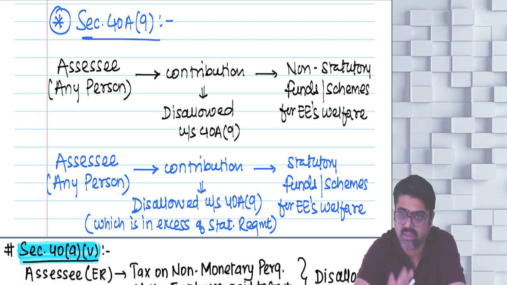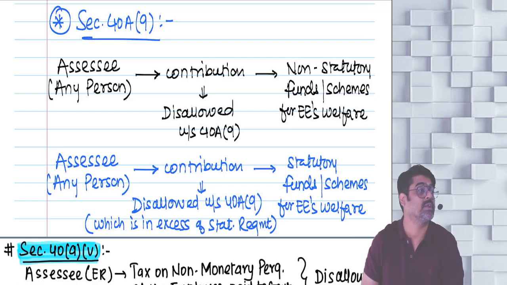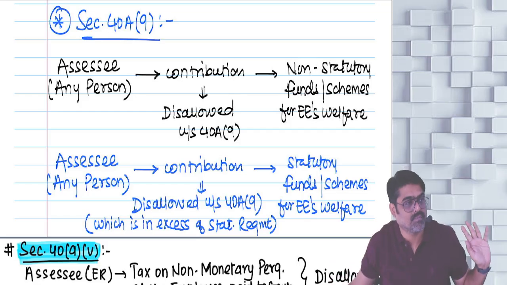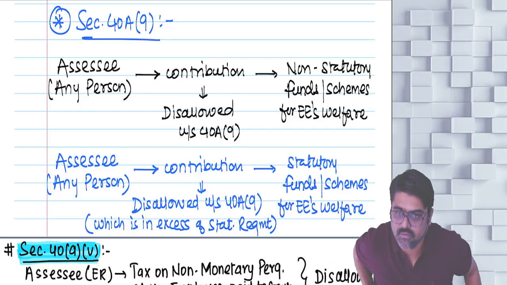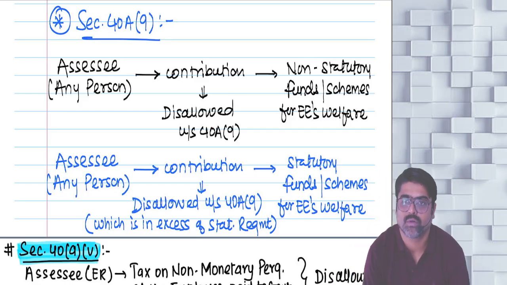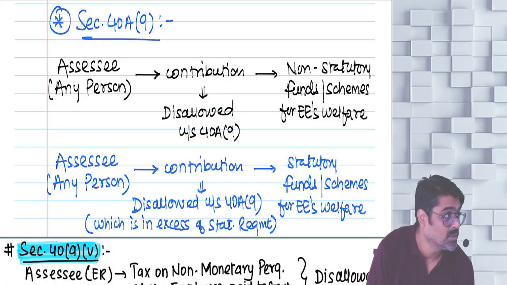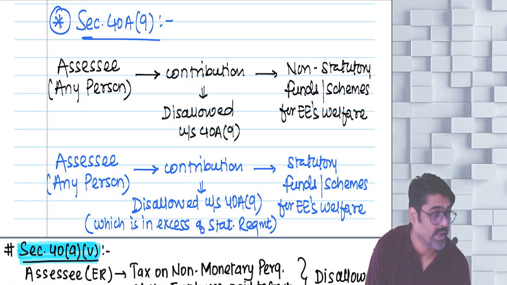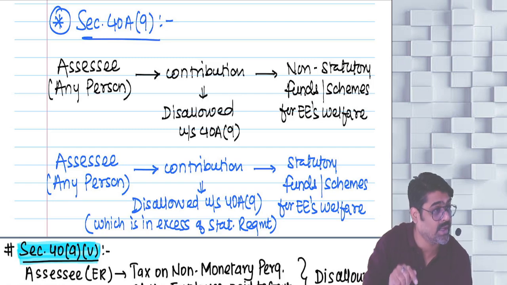Now pay attention. Any amount contributed to non-statutory funds is fully disallowed. But what if you are contributing to statutory funds? It will be allowed, but only up to statutory limits. Any contribution in excess of the statutory limit will also be disallowed as per section 40A(9).